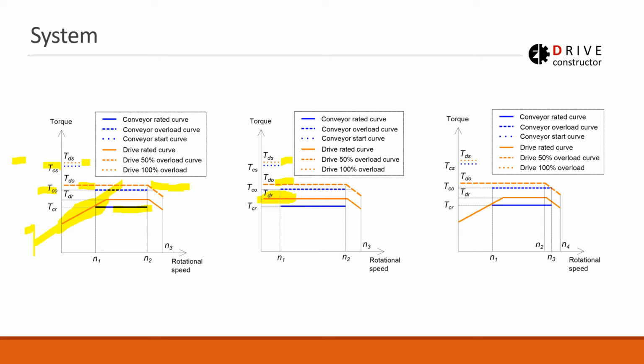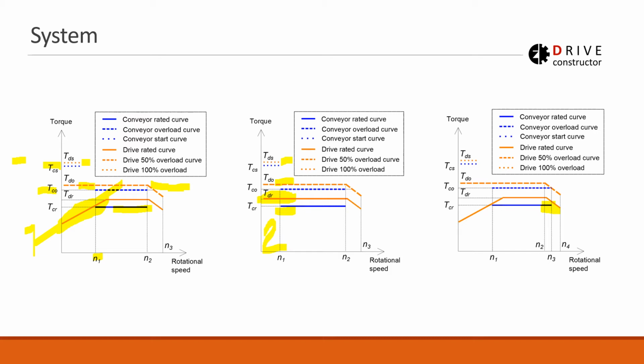That means our conveyor can be run at lower speeds in case number 2 compared to case number 1. Here you see N1 is starting at a higher speed. And when it comes to overspeed, on the right-hand side picture, we can run our conveyor with a little bit of overspeed, 5 to 10% higher, and we can also do that.